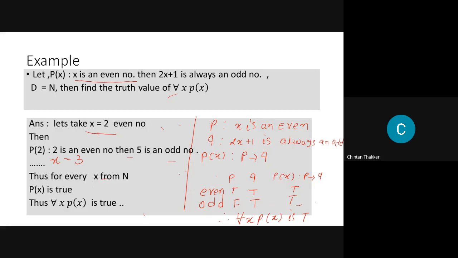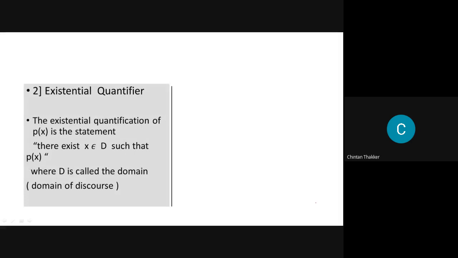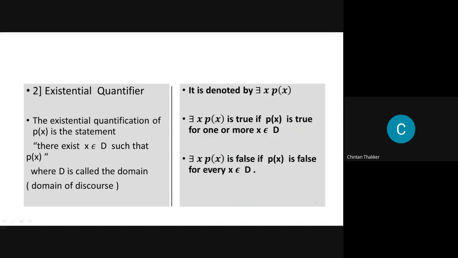Now the second, we have the existential quantifier. In the existential quantifier, the statement is: there exists x belongs to D such that P of x.